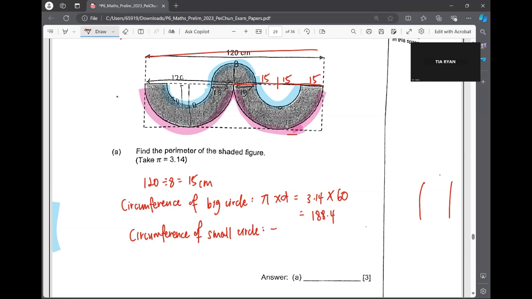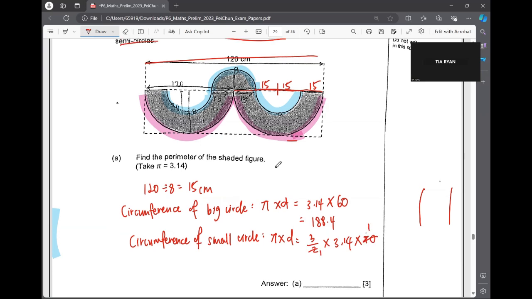We go pi times d also, but this time there are three halves, so it's 3 over 2 times pi times diameter. What's the diameter of the small one? It's only 30. You can cancel this, and the rest you can use a calculator: 3 times 3.14 times 15.